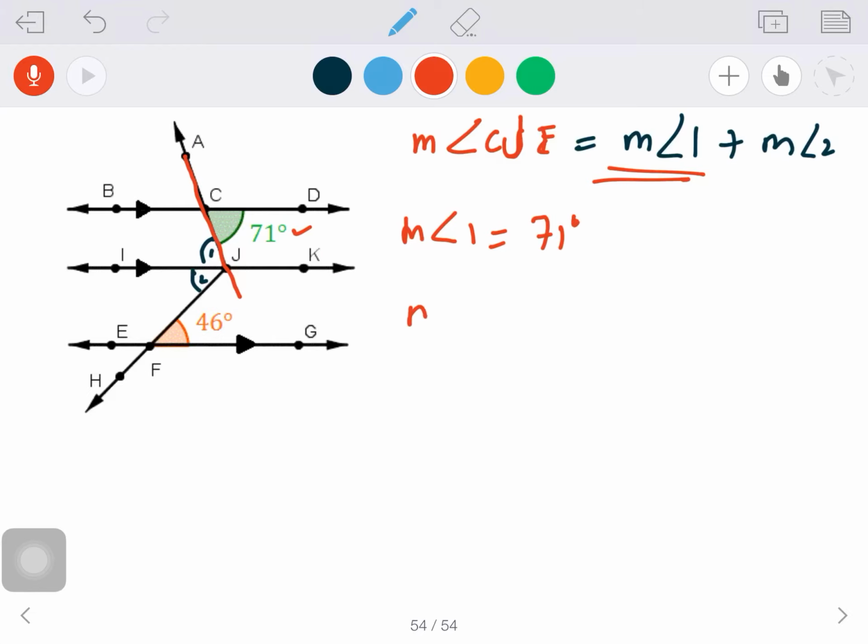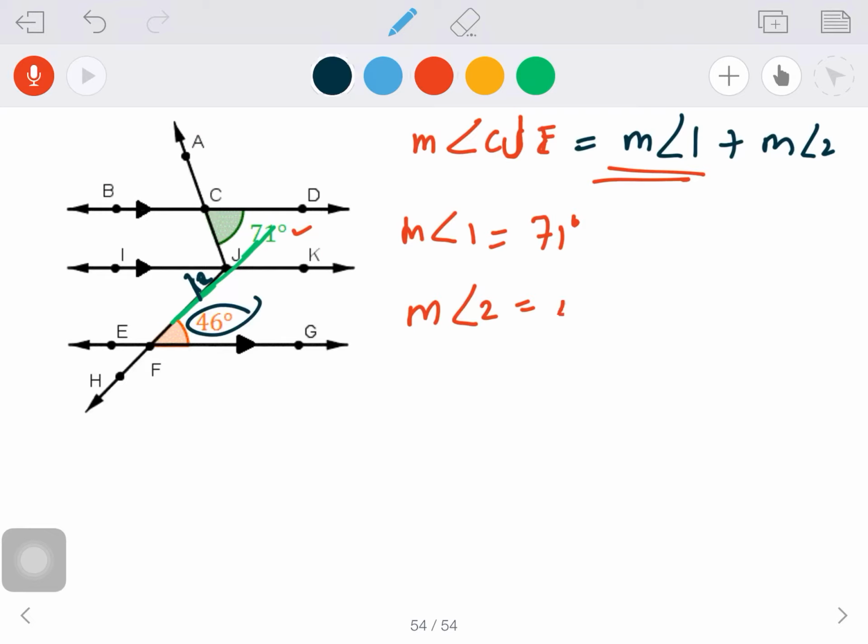What about the measure of angle 2? So here, the trick is we have to extend this a little bit further as well. Let me just erase the red one. All right. So here, extend it further down, and you will find that angle 2 is actually the alternate interior angle of the orange angle, 46 degrees.